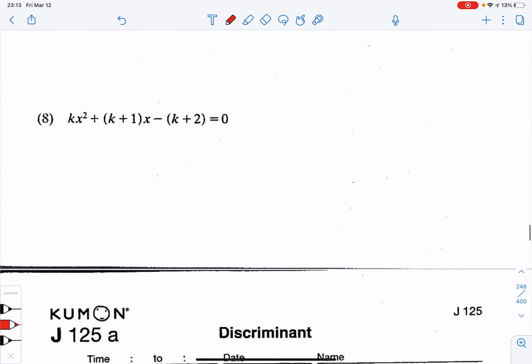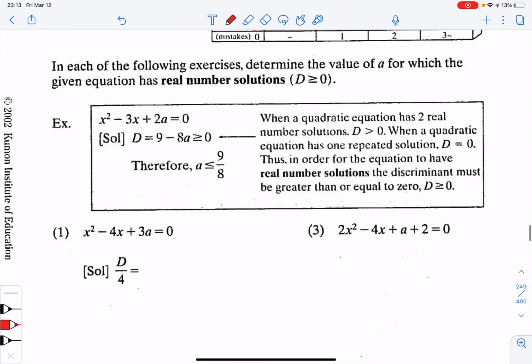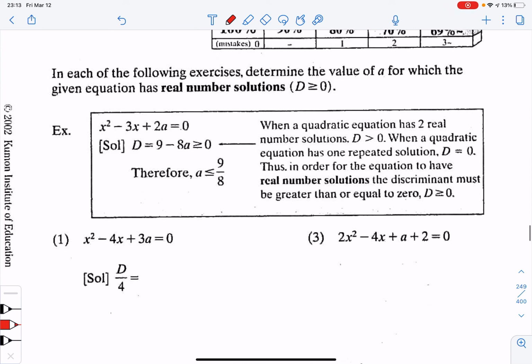Okay? So the next exercise: in each of the following exercises, determine the value of a for which the given equation has a real number solution. What does real number solution mean? We talked about in the graph that real number solution means it has one repeated solution, or it has 2 solutions.